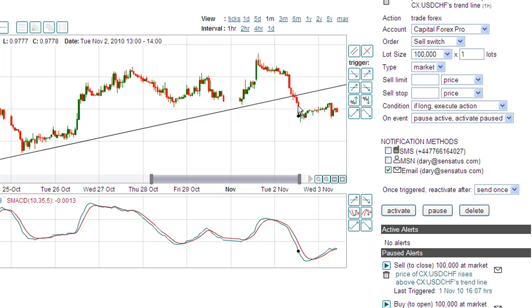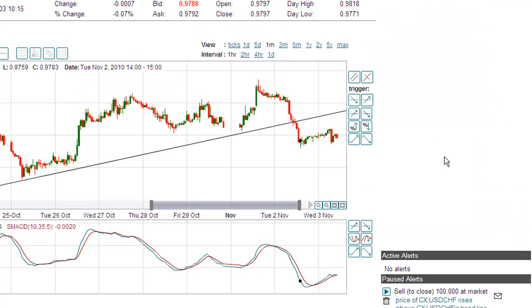And for example, if you use sell switch, if you do not have an open position, then it will just sell to open. So in this scenario, it sold to close the long position, then sold to open a short position. When the rule was executed, first of all, it only executed if I was in a long position. When that happened, I set the on event field to pause the active rules and activate the paused rules.